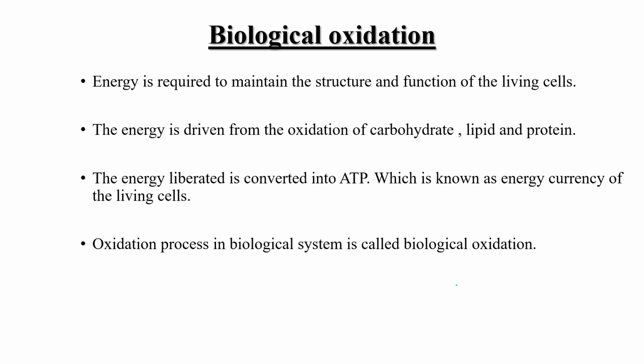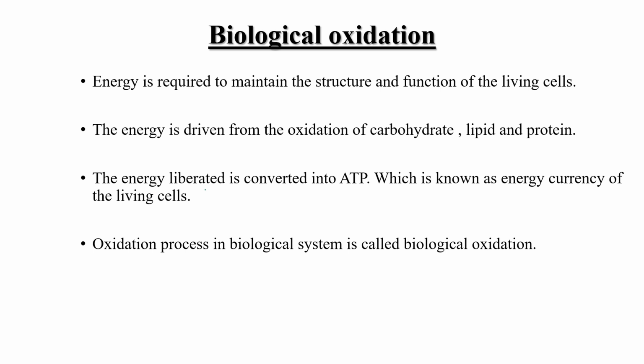Now, biological oxidation. Energy is required to maintain the structure and function of living cells. True. Energy is derived from oxidation of carbohydrate, lipid and protein. This one is again true.